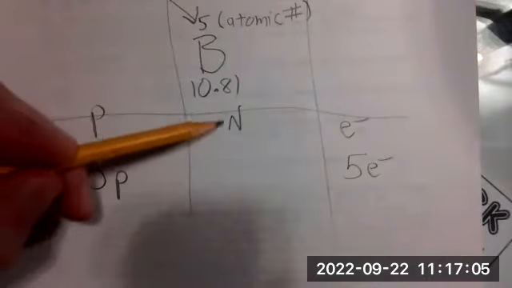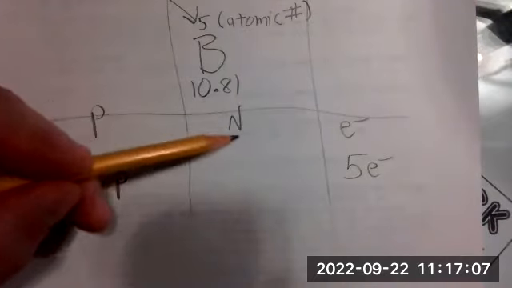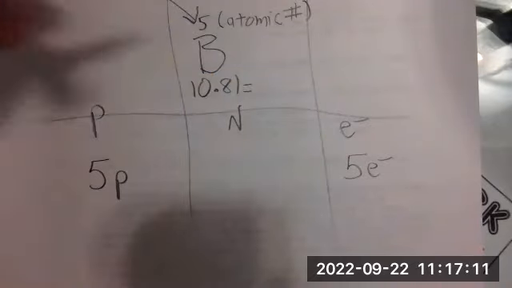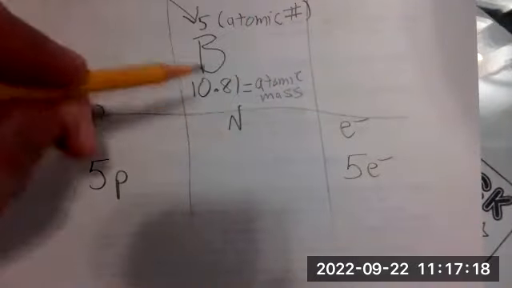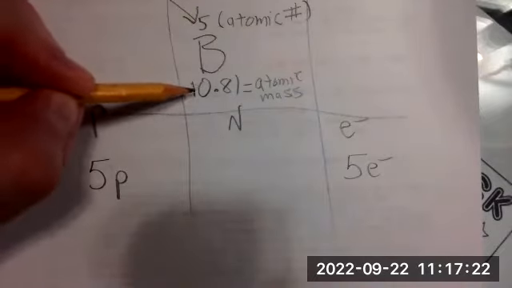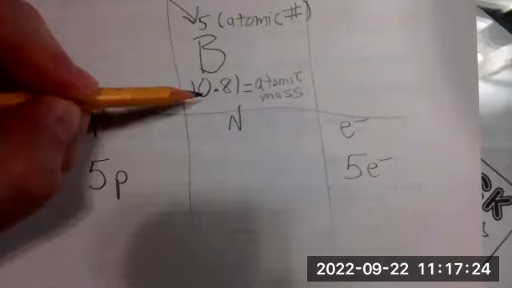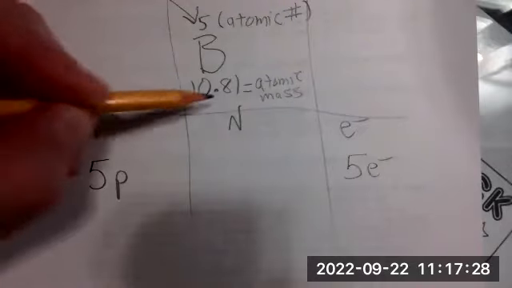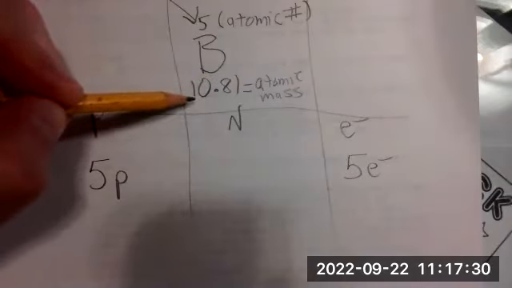All that's left is to find the number of neutrons. Well, that comes from this number right here. This number is the atomic mass. And here's the trick. When we round the atomic mass to the nearest whole number, it becomes the mass number, not the atomic number.